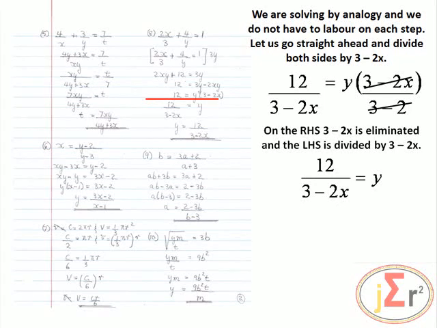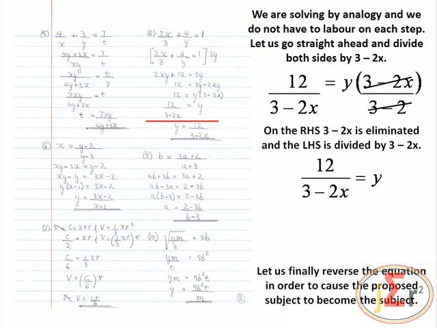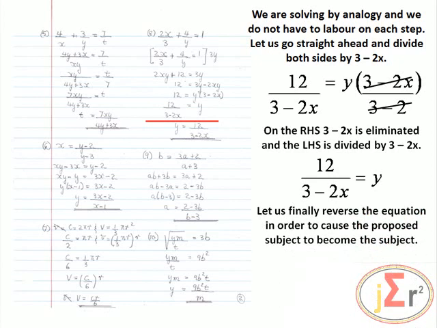And as usual, we only have a single step to complete our solution, and that is we will reverse the equation in order to cause the proposed subject to finally become the subject.